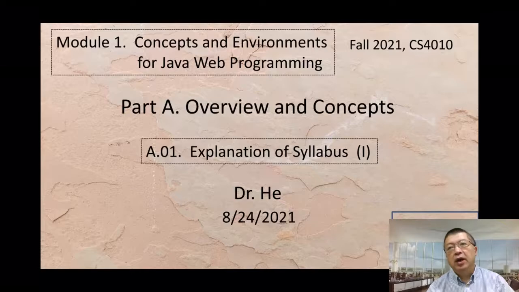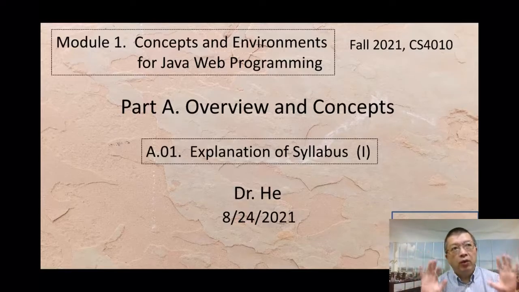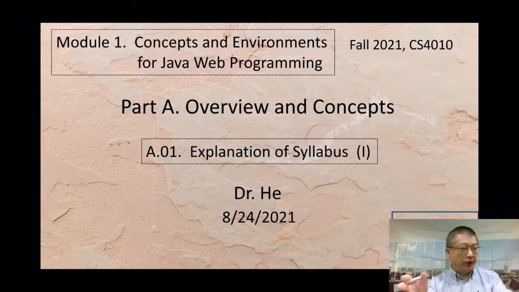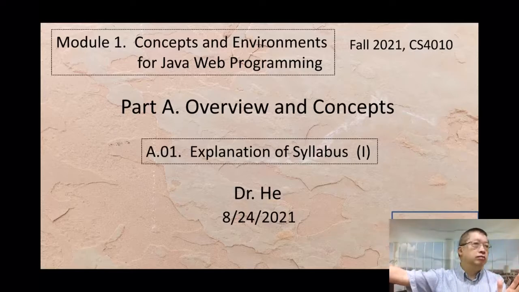In this part, I need to spend a little more than half of the time explaining the syllabus, so only a very small portion is concrete material. Starting from part B, we will have the full-length lectures.